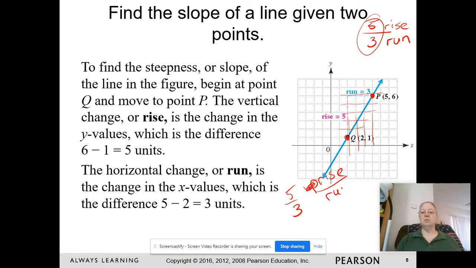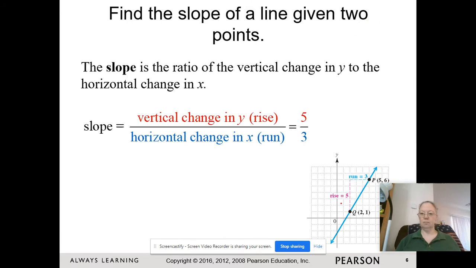Rise over run. More mathematically, rise is called the vertical change in y, and the run is called the horizontal change in x. So as I was saying, using this line, the slope would be 5/3.